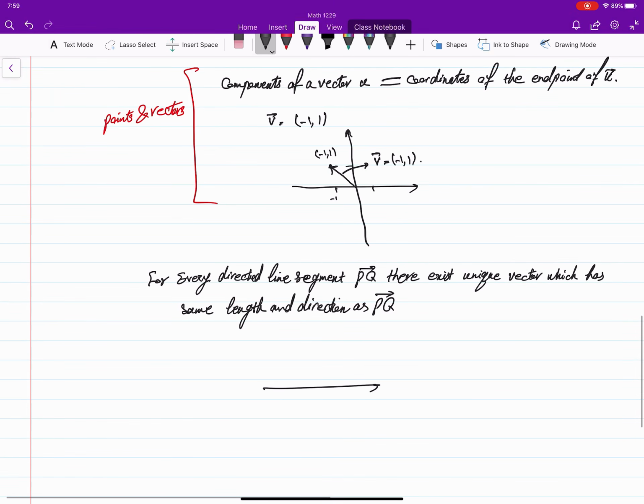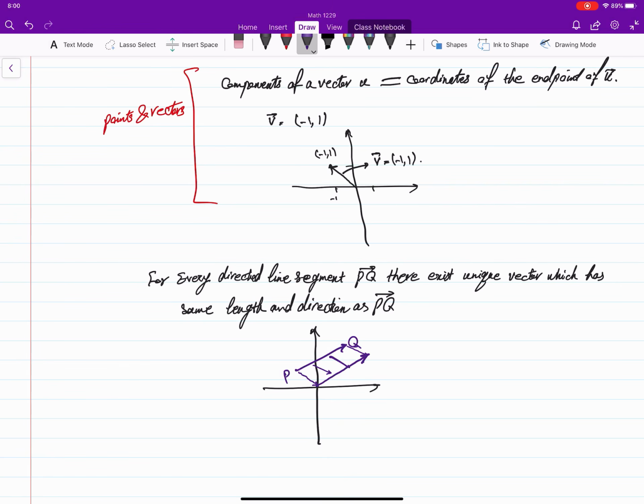In other words, if you draw, let me do it in R2, but R3 is the same thing, if I have PQ here, I can transfer it and put the starting point at the origin, and the resulting thing is going to be a vector. This vector has exactly the same direction and length.